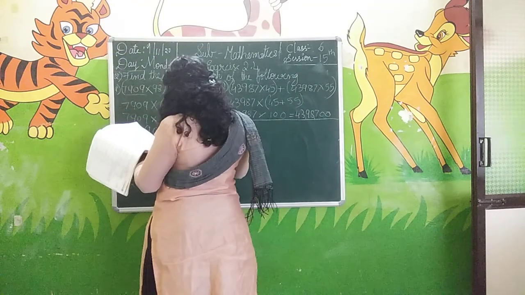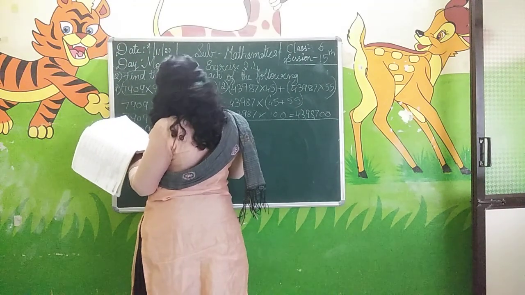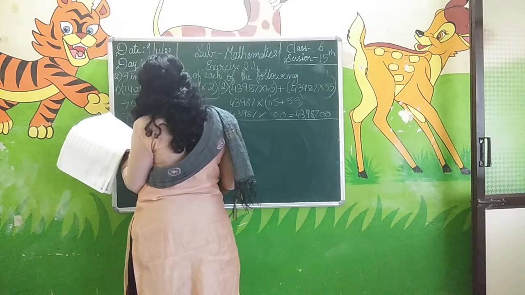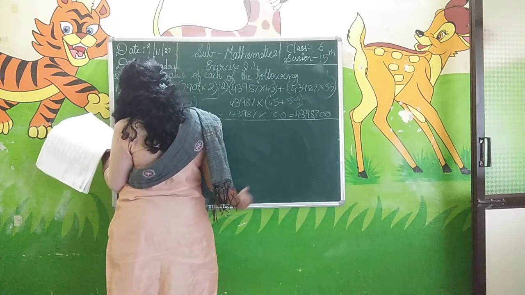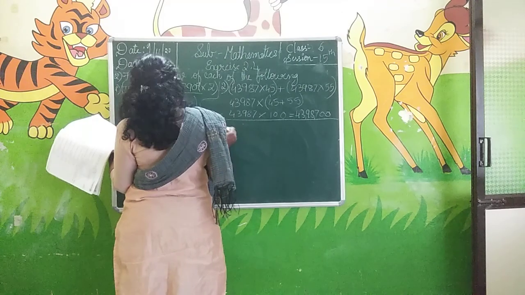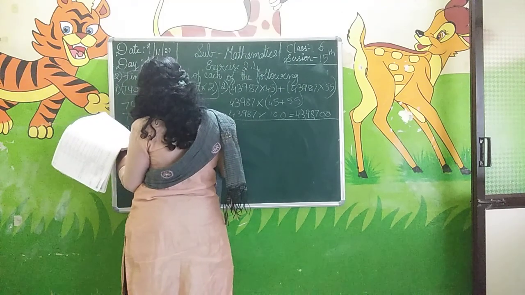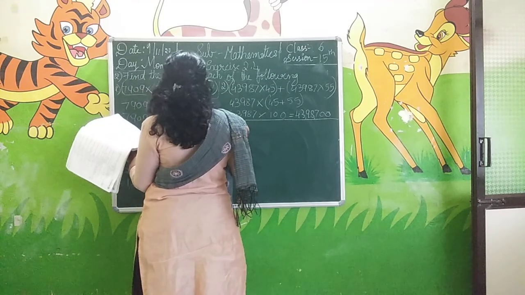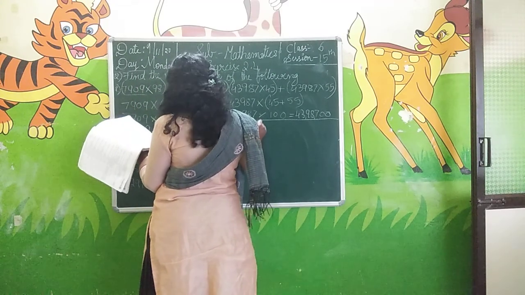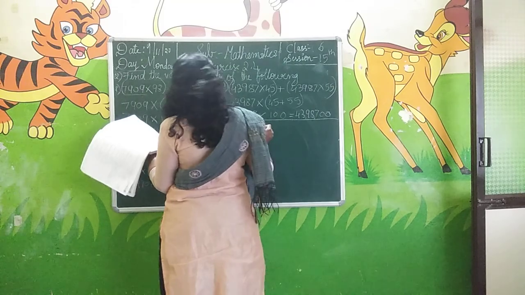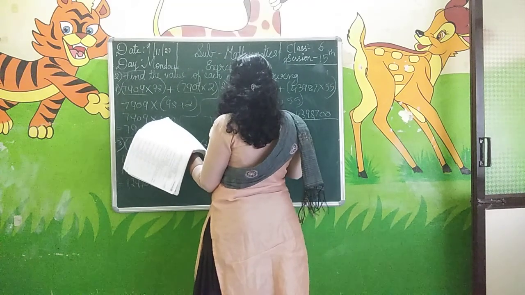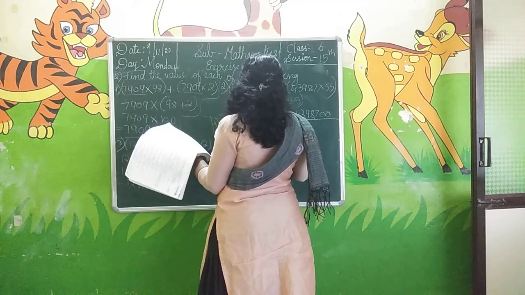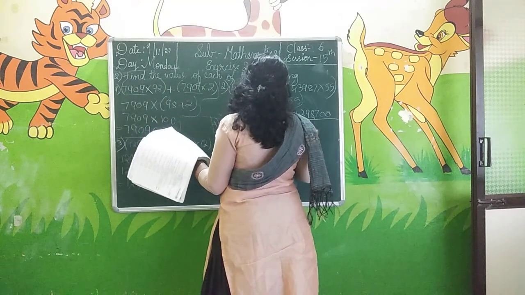When you come to the fourth one, in this they have given subtraction, that is the last property, the distributive property of multiplication over subtraction. 7,198 into 197 minus 97 into 7,198.